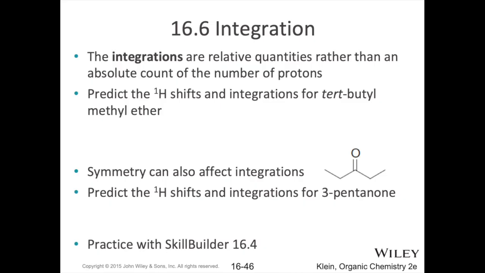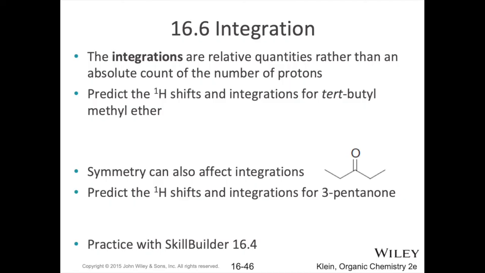Okay. Now, again, because we figure this out through simplifying ratios, you have to keep in mind that when you're comparing these integrals, they are relative quantities rather than an absolute number. Basically, I made the assumption there that I was dealing with a methyl group, but it could very well be that I have 2 methyl groups that are equivalent to each other.